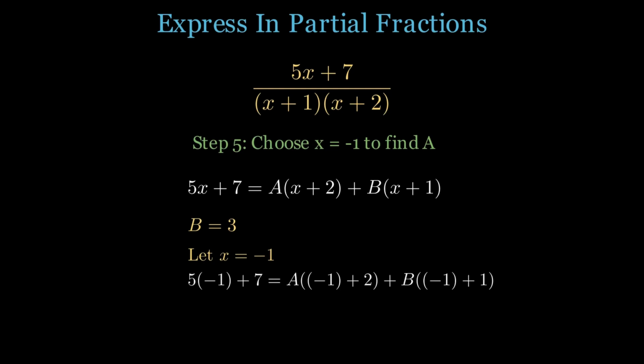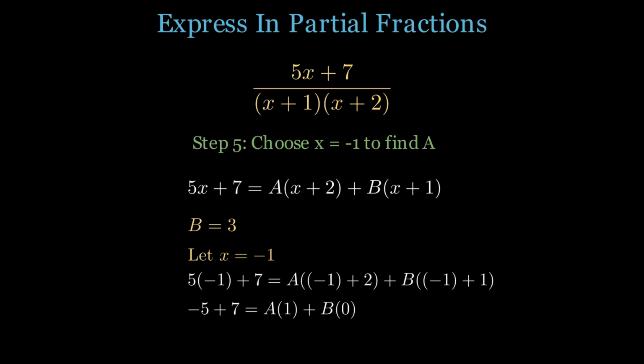So when we substitute in accordingly, we have 5(-1) + 7 is equal to A(-1 + 2) + B(-1 + 1). So B will go to 0. This is the category I said is how we solve partial fractions using the letting of the values of x. In another video, we are going to see how we can also obtain the values of A and B using comparison.